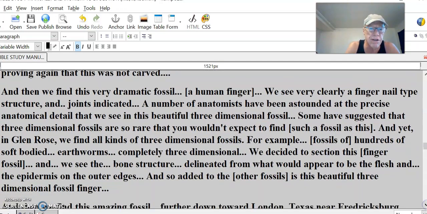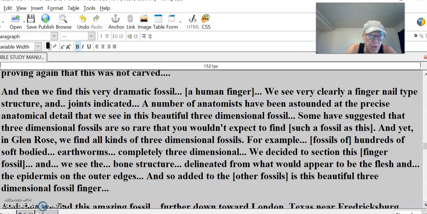And then we find this very dramatic fossil, a human finger. I saw that finger in the museum. We see very clearly a fingernail type structure and joints indicated. A number of anatomists have been astounded at the precise anatomical detail that we see in this beautiful 3-dimensional fossil. Some have suggested that 3-dimensional fossils are so rare that you wouldn't expect to find such a fossil as this.